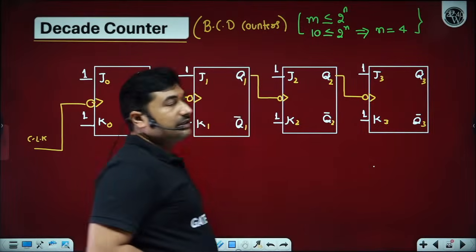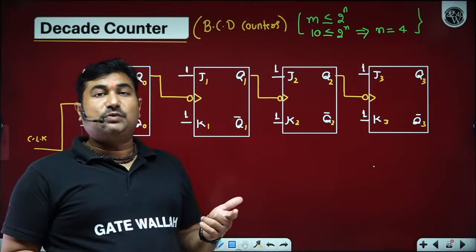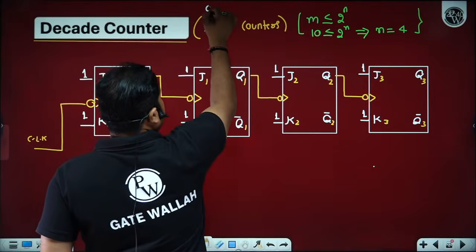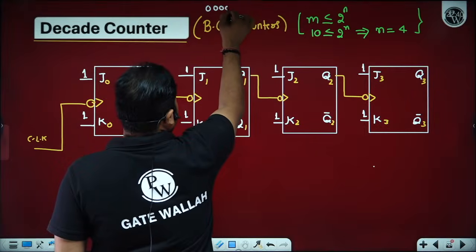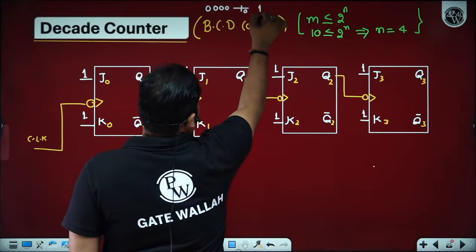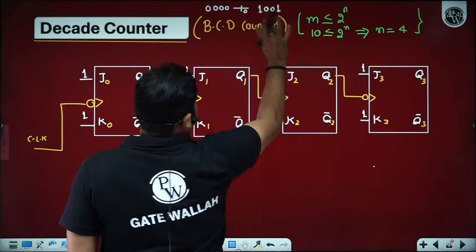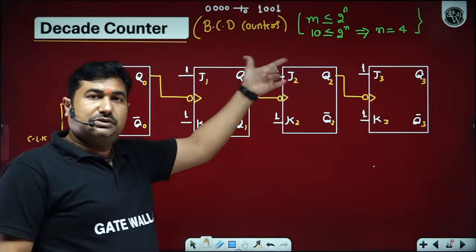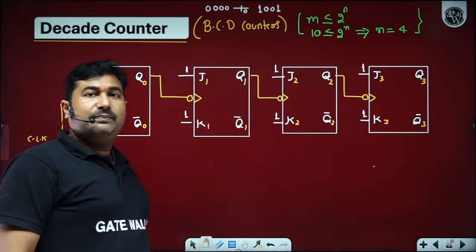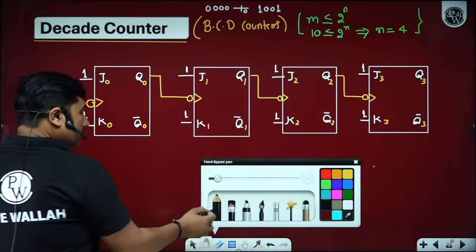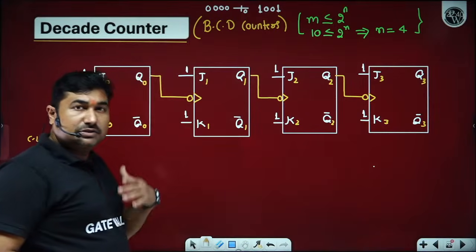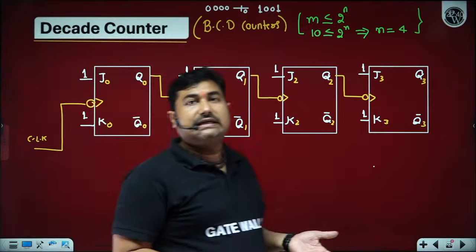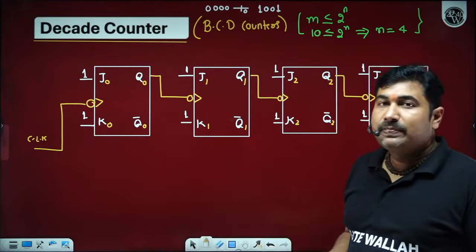Since we have to design a flip-flop counter which counts in a sequence from 0 to 9, a BCD counter counts in a sequence from 0000 to 1001. Is it okay? A decade counter, when it counts in a sequence 0000 to 1001, is a BCD counter. So we need a clear pin because 0000 is also a needed state. If 0000 is not a needed state, we can go with a preset pin for some other counter.